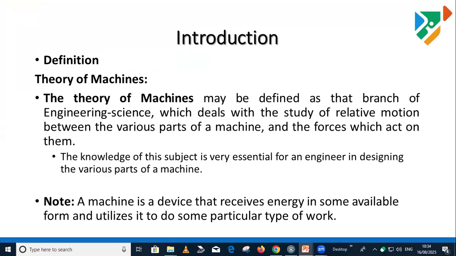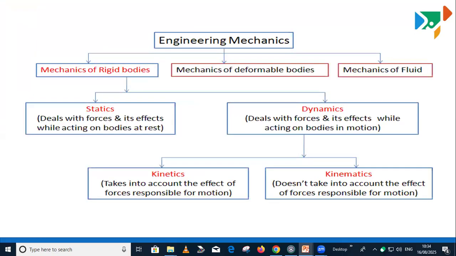Okay, so I would like to brief about kinetics, kinematics, dynamics, statics, what is mechanics, and how these classifications evolved. If you go with engineering mechanics, we are evaluating the different forces and different motion transmissions.